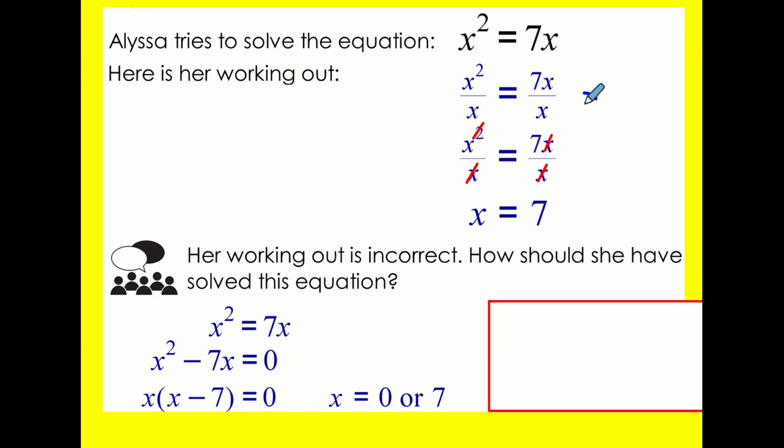It will be this or x equals 0, because if x equals 0, she's not allowed to divide by x. So technically, there's nothing majorly wrong with her working, except that she's missed a solution here. If she put that in, it would be okay. These two would be correct. Best advice, though, is to rearrange it into a quadratic and solve it, and then you'll make sure that you won't miss that x equals 0.